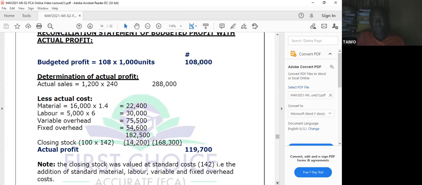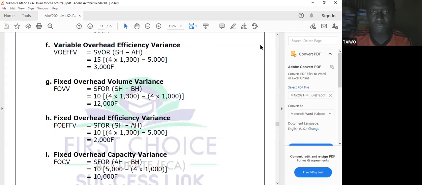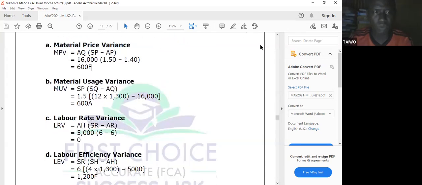Actual sales now. How much did they actually sell? They sold 1,200 at 240. If you check, they told us in the question that they produced 1,300.